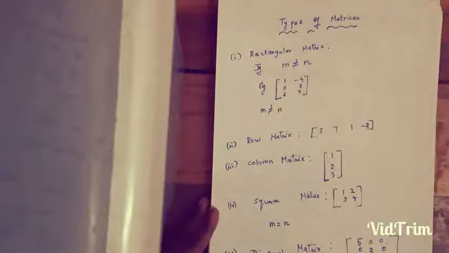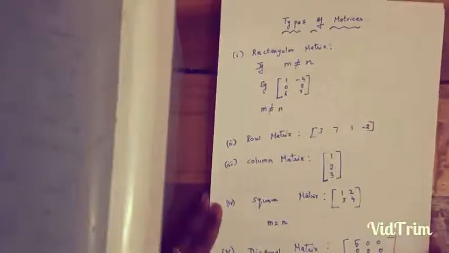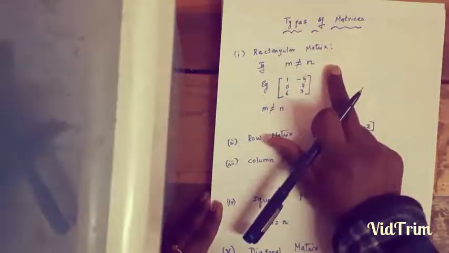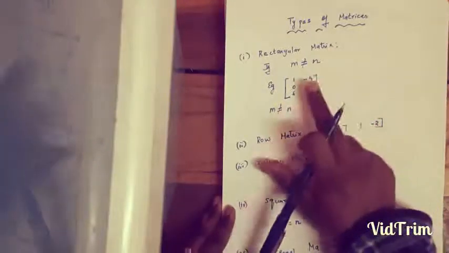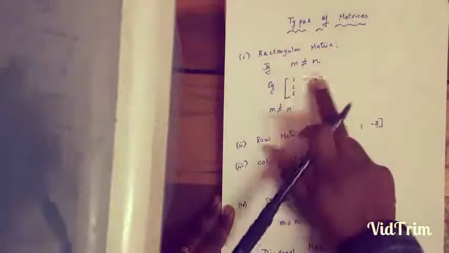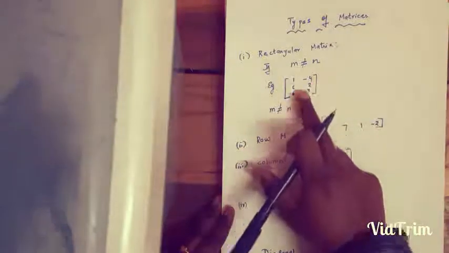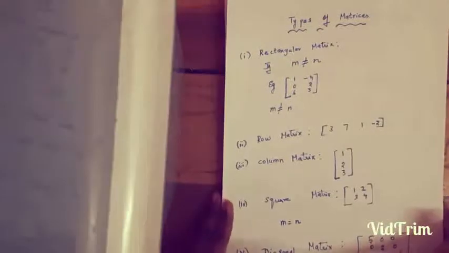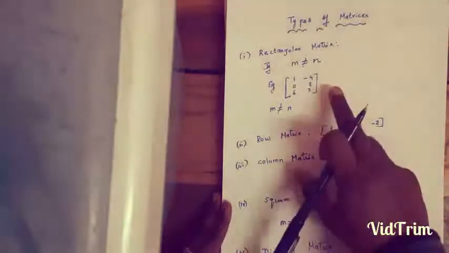Okay, students, what are the types of matrices we have? The first type is rectangular matrix. If m is not equal to n, which means if the number of rows is not equal to the number of columns, then you can say that the matrix is a rectangular matrix.